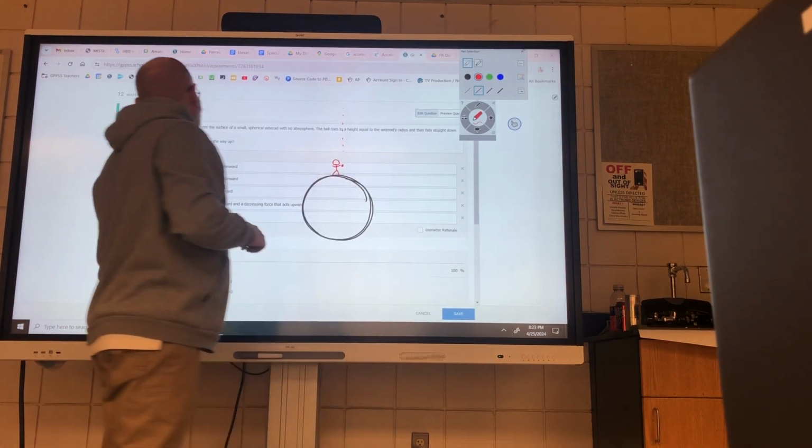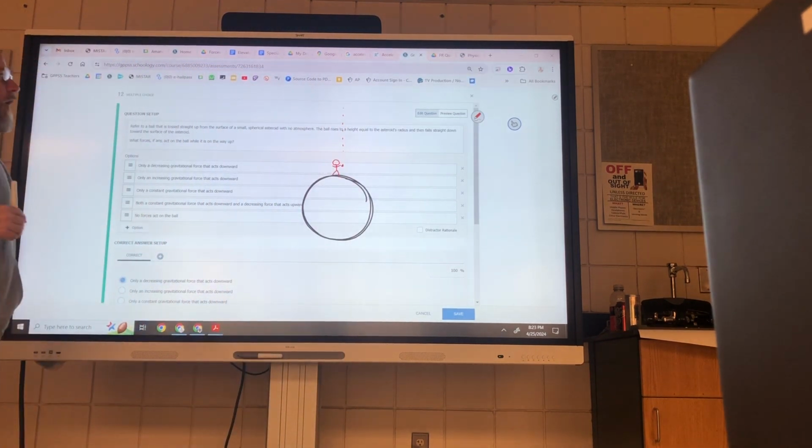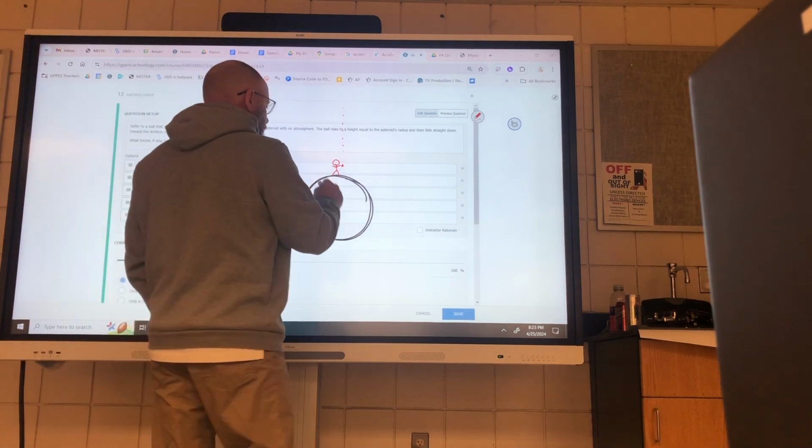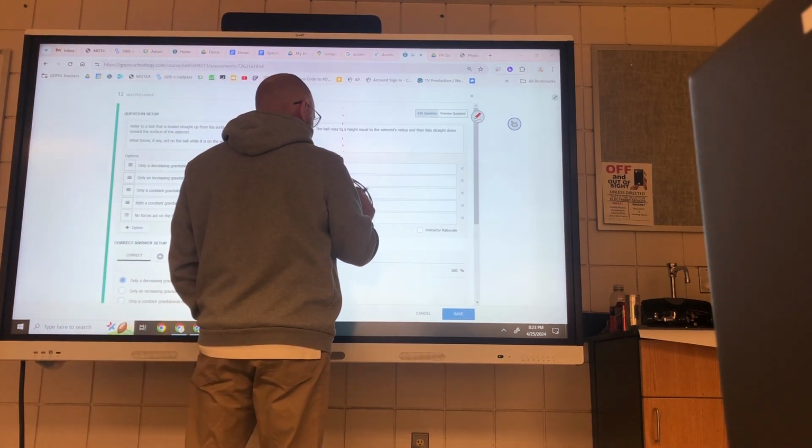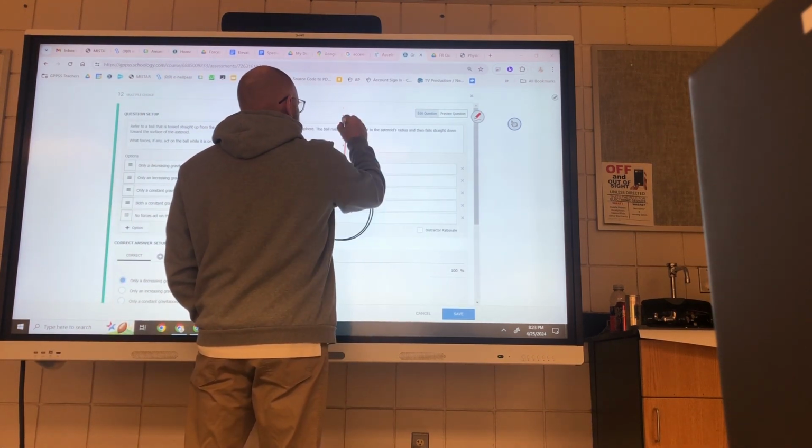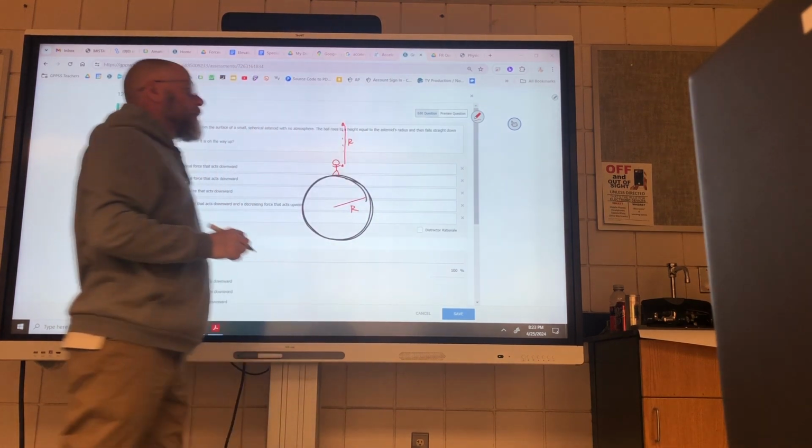Okay, let's refer to a ball that is tossed straight up from a small spherical asteroid with no atmosphere. The ball rises to a height equal to the asteroid's radius, then falls straight down toward the surface of the asteroid. What force, if any, acted on the ball on its way up? So here's R. Here's R, when the ball's on its way up.